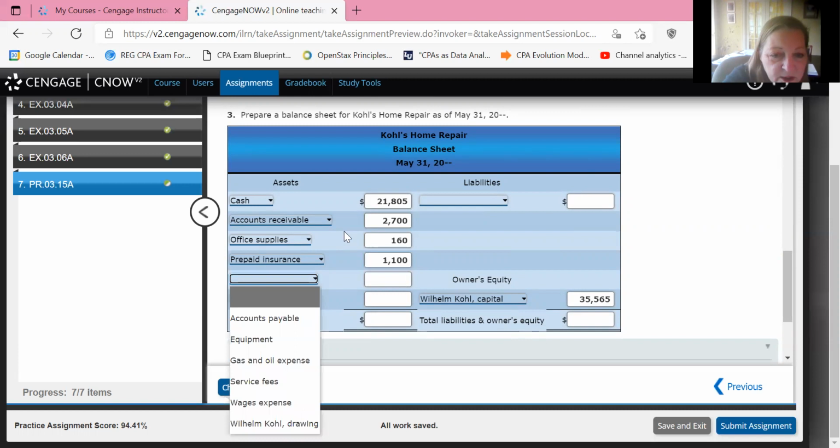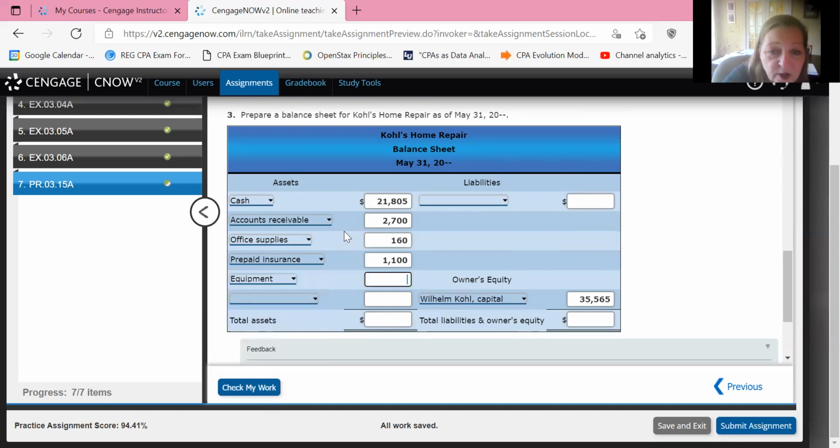And then equipment, $8,200. And then van, $6,000. So for a total, if you add all those assets together, $39,965.